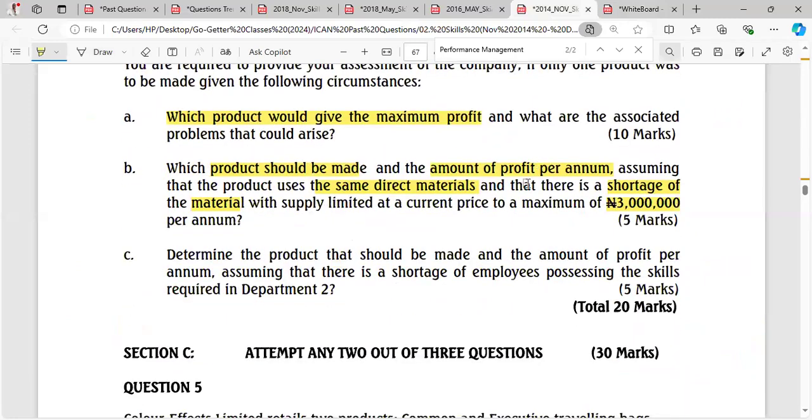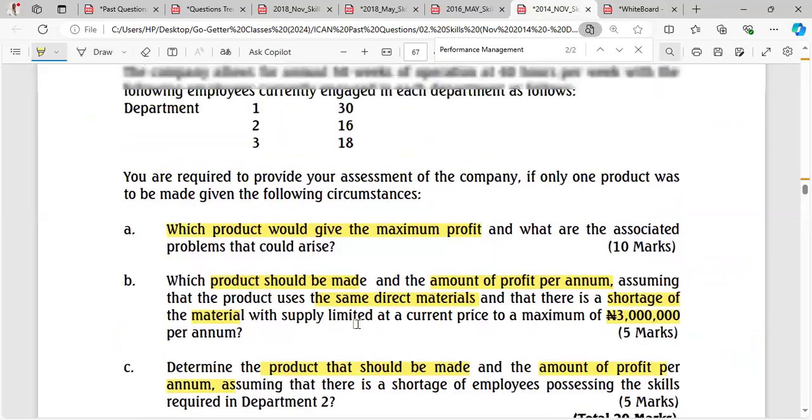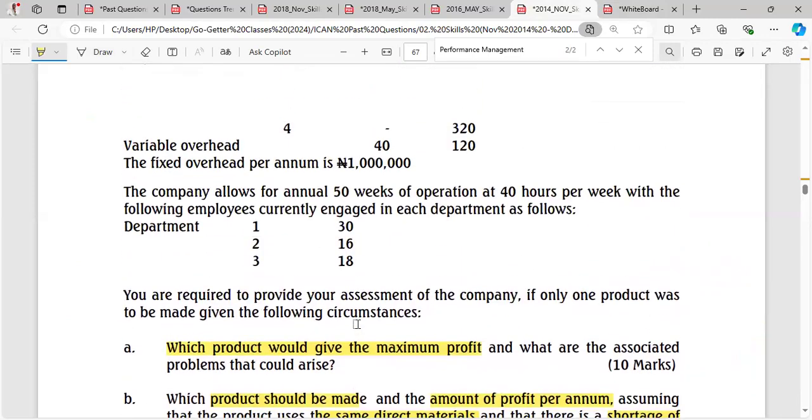Then the next one here, they said, determine the product that should be made and the amount of profit per annum, assuming there is a shortage of employees possessing the skills required in Department 2. So it means that Department 2 is now the limiting factor.